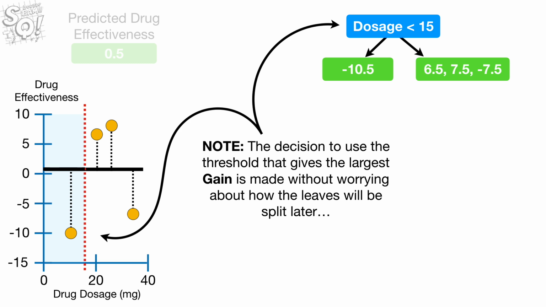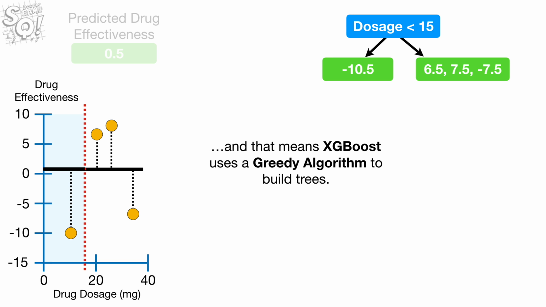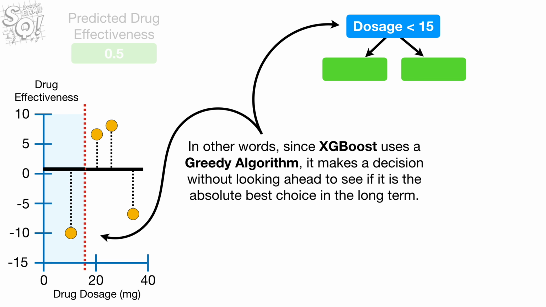Note: the decision to use the threshold that gives the largest gain is made without worrying about how the leaves will be split later. And that means XGBoost uses a greedy algorithm to build trees. In other words, since XGBoost uses a greedy algorithm, it makes a decision without looking ahead to see if it is the absolute best choice in the long term.